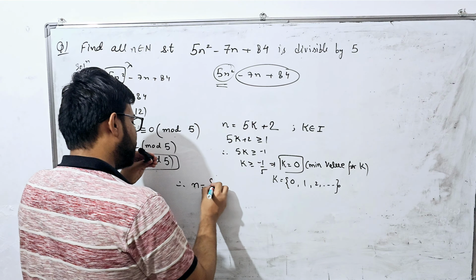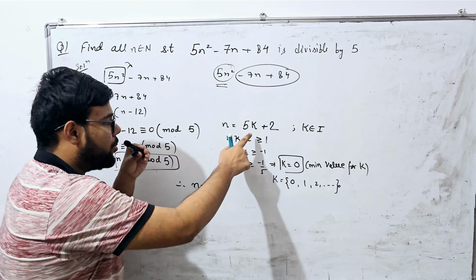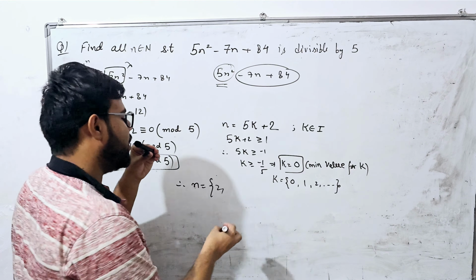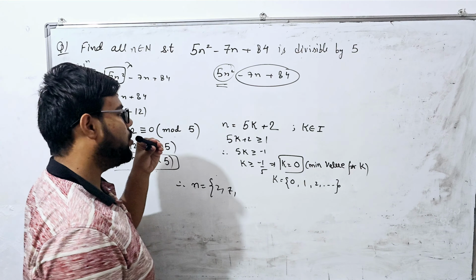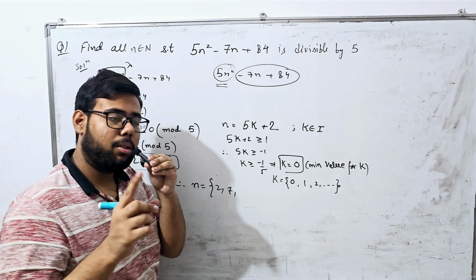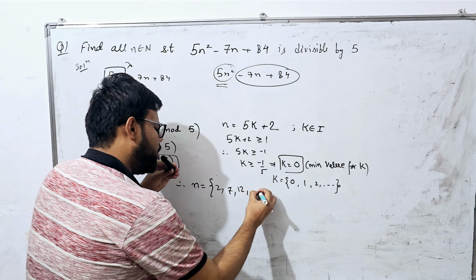Hence, you substitute k = 0, you get 2. You substitute k = 1, you get 7. You substitute k = 2, you get 12, and so on and so forth.